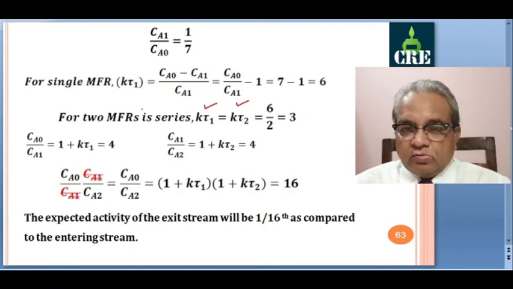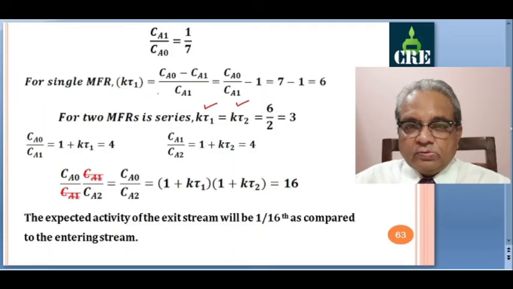So we consider the volume is halved, two compartments. So K tau 1, K tau 2 are the same. Volume is the same, so tau 1 is equal to tau 2. And when one tank is there, K tau 1 is 6. Two tanks, divided into 2, so 6 divided by 2. So K tau 1 as well as K tau 2 will be 3.